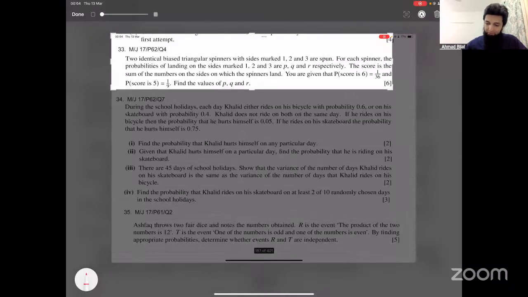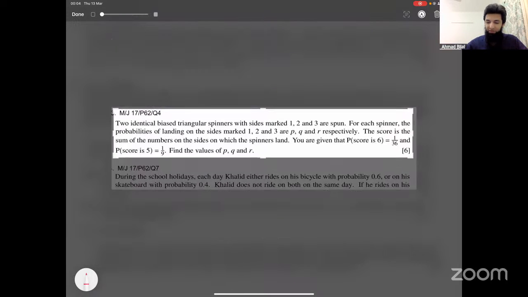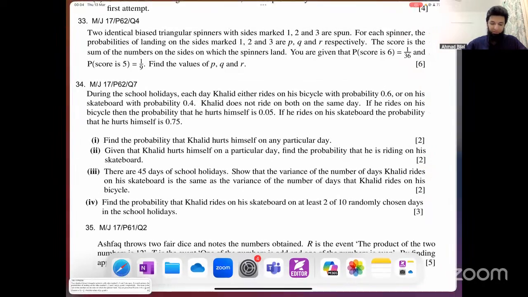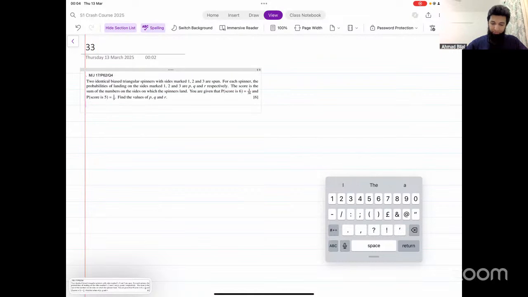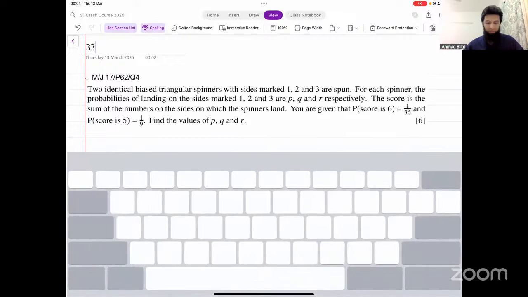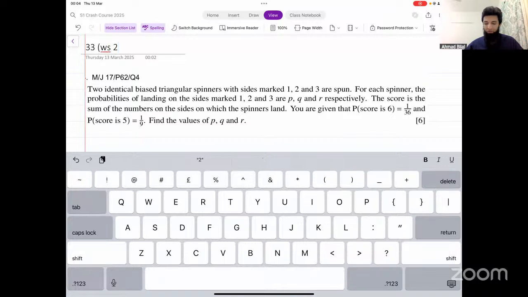Question number 33. From the second worksheet, I'll be uploading this worksheet as well. You can do more practice from this. It has more recent questions as well. I haven't posted this yet because you did not have a lot of time yet to do these questions, but I'll be posting it hopefully by tomorrow, and you can work on this over the weekend as well.